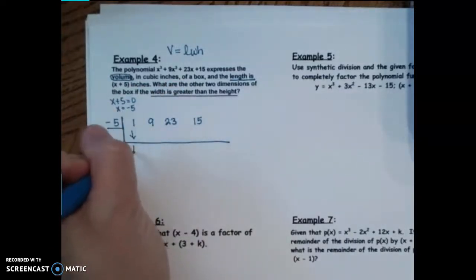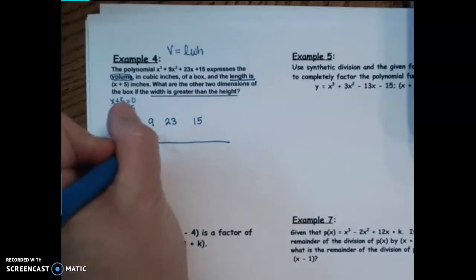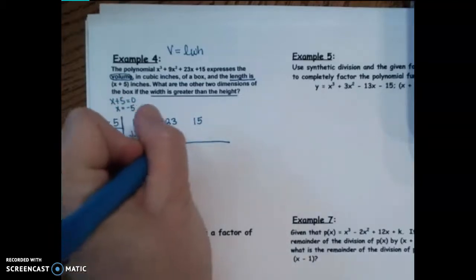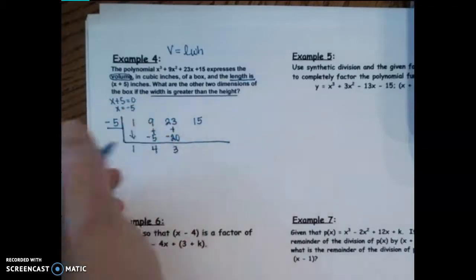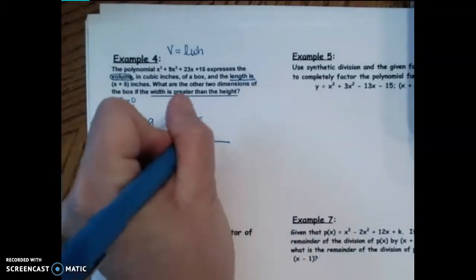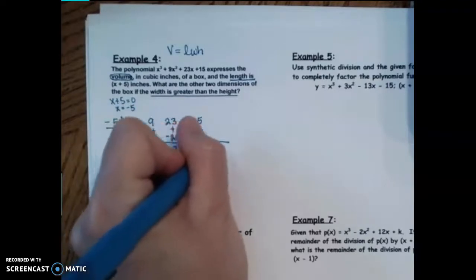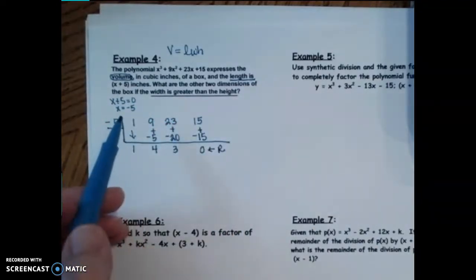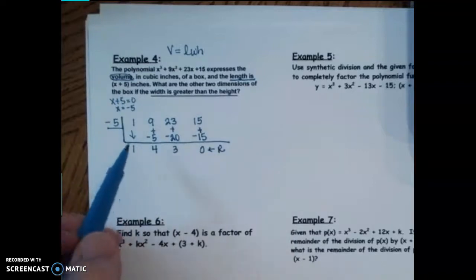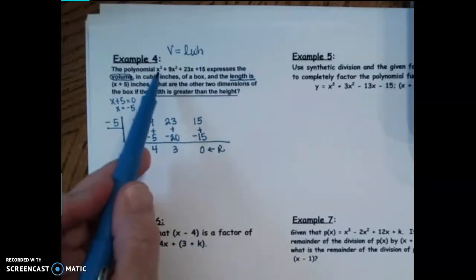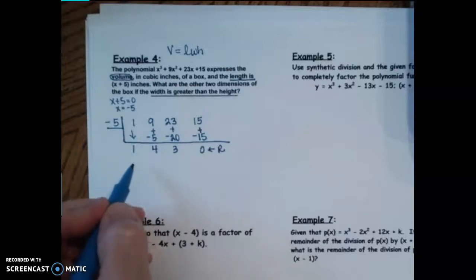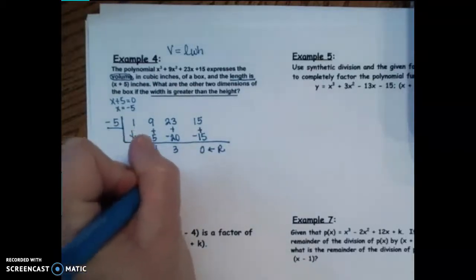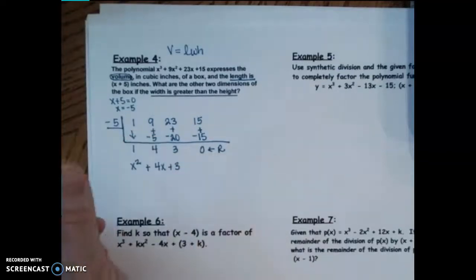First number always comes down, multiply. Always add down, multiply. When we do that, we end up with negative 15. When we add those, you get a remainder of 0. So we're going to create your quadratic. I know it's a quadratic because this started with x to the 3rd, so remember, we drop down 1 degree. So you have x squared plus 4x plus 3.